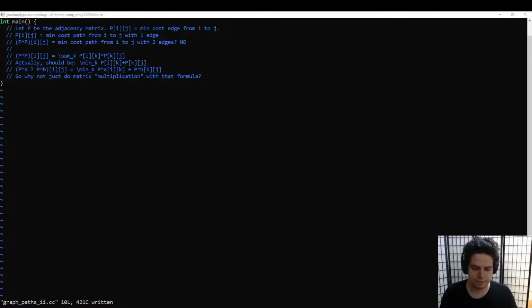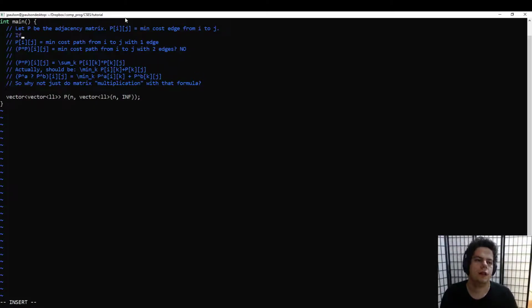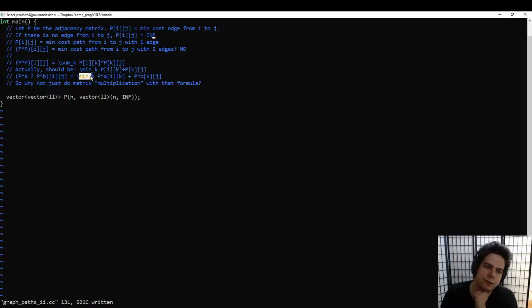So let's do that. These are floats. We will need to make a couple of adjustments. Before, if there is no edge in ij, it was 0, but now we're going to use infinity, because infinity works better with mins.